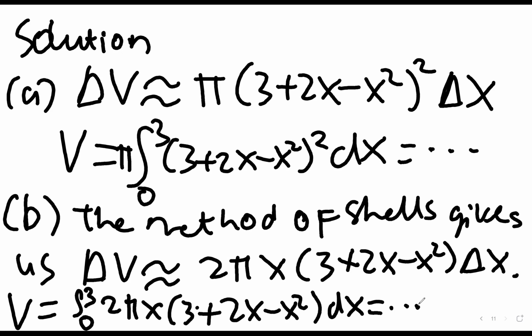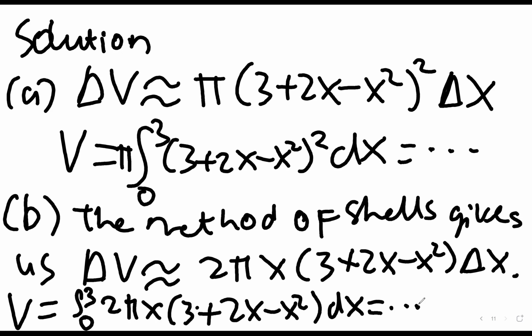Okay, any question? If you compare these two methods, the method of shells and the method of disks, the method of disks is suitable if you have a function of x and you revolve the region around the x-axis. However, if you have a function of x but you need to revolve the region around the y-axis, then the method of shells is more suitable.